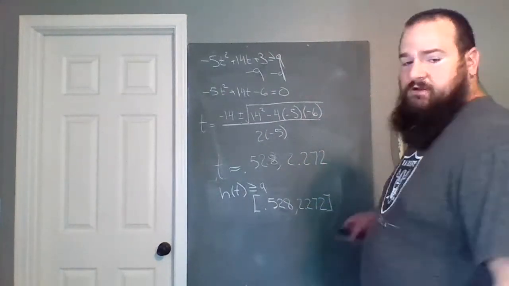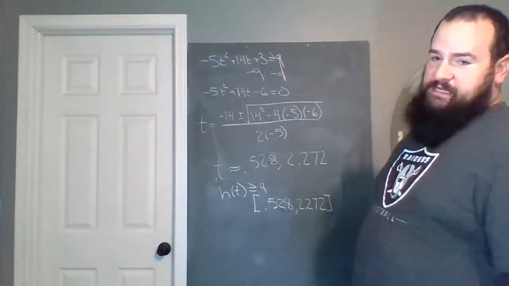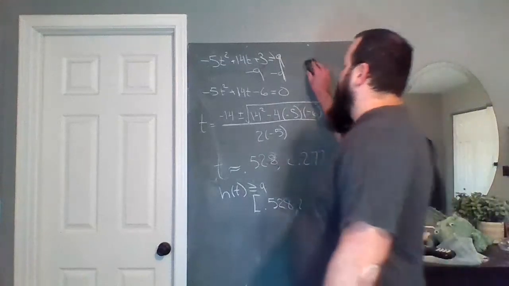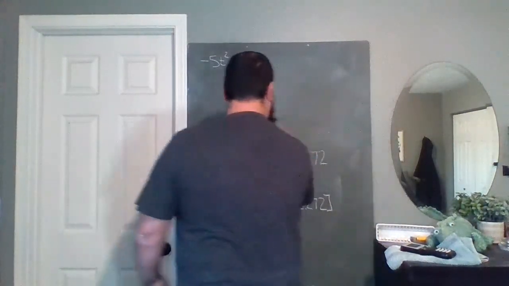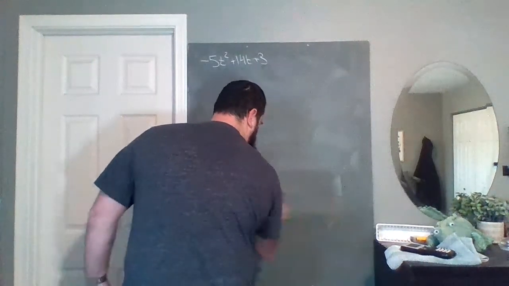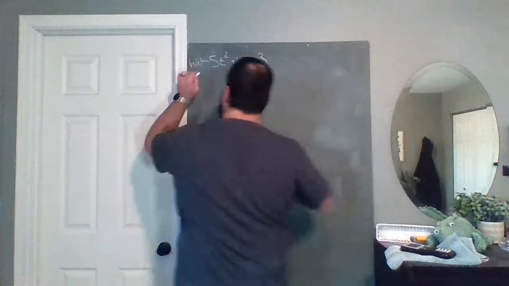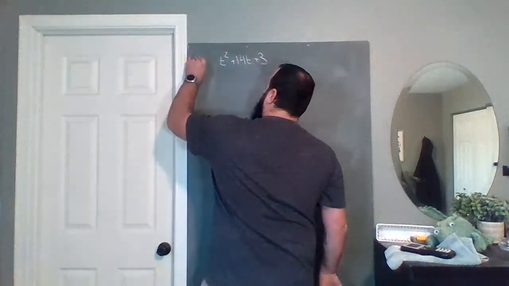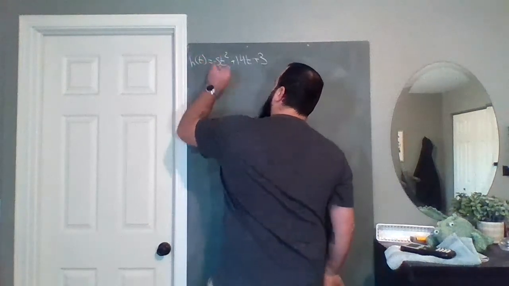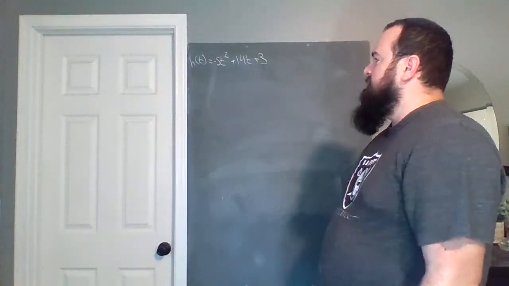Now the last part on this problem is to give this function in all three forms. We're already given standard form, so I'm going to erase that. h of t equals negative 5t squared plus 14t plus 3.